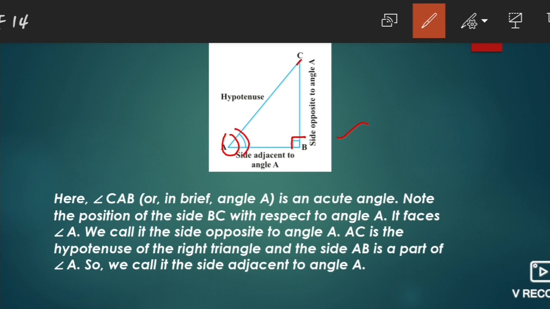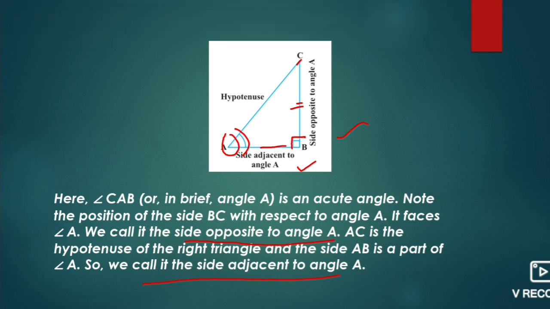The side opposite to angle A is BC. This side AB is part of angle A, that's why I will name it the side adjacent to angle A. So the side opposite to angle A is BC, the side adjacent to angle A is AB, and AC is the hypotenuse. Remember these terms because we will use them in the next slide.